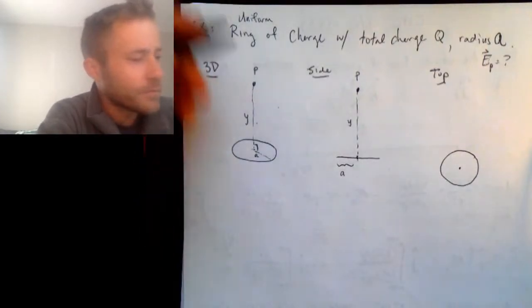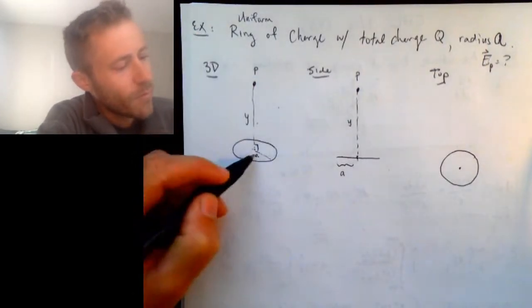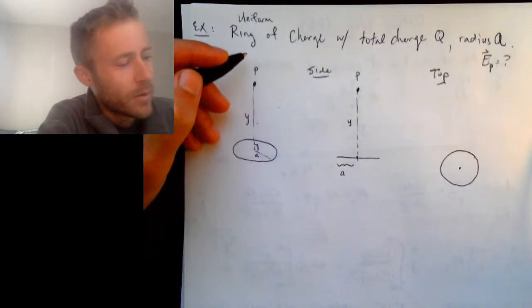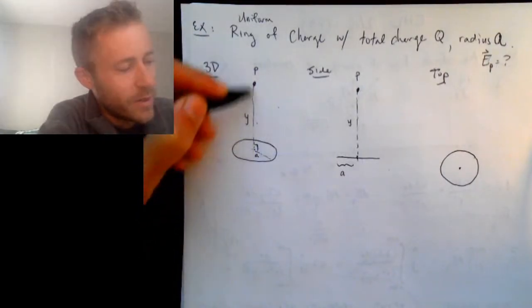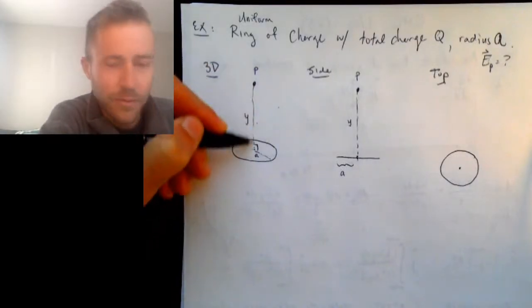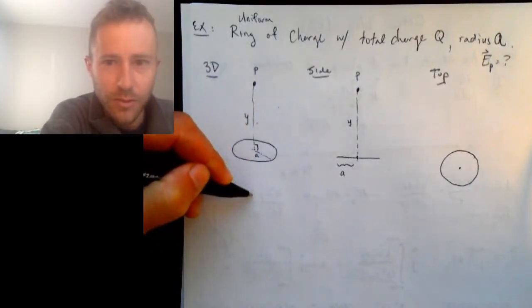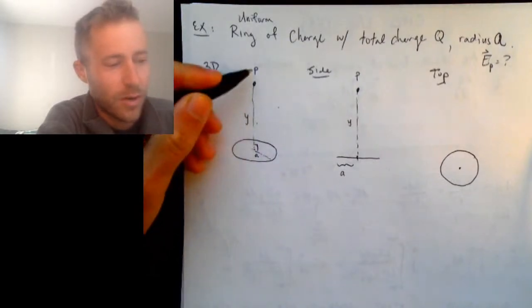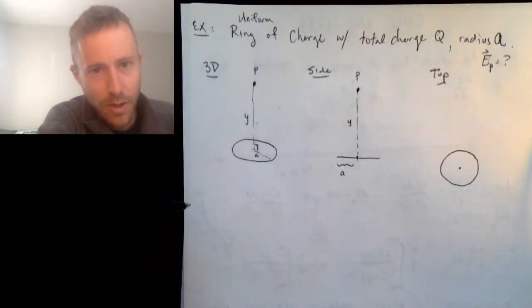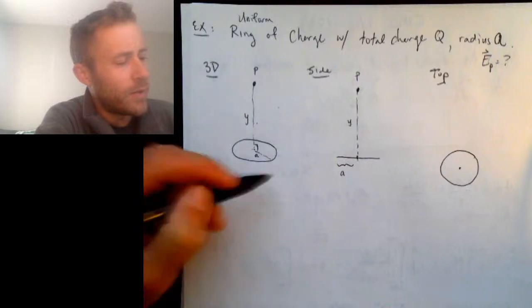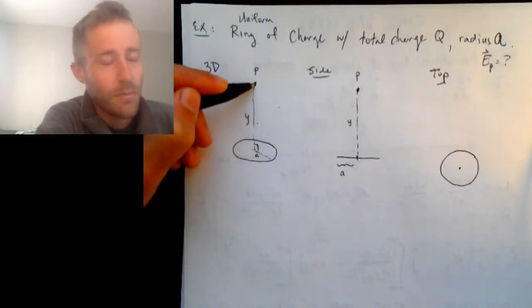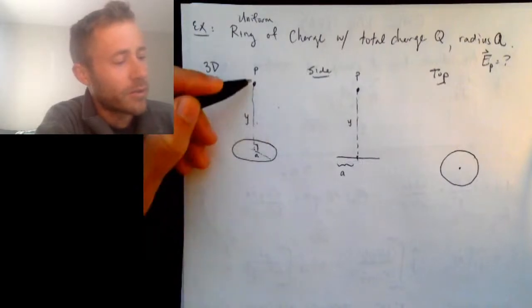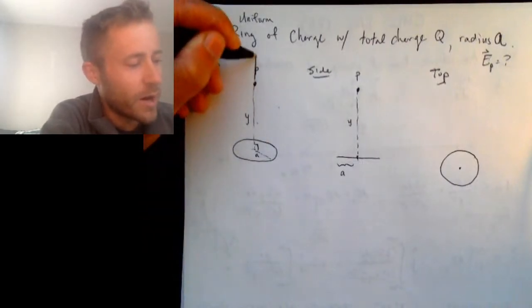Oh, now I remember what I was going to say. This point P is on the axis of symmetry of this circle. So it's directly above the center of the circle. Now, if we think about that, by symmetry, the electric field would have to point in the y direction.